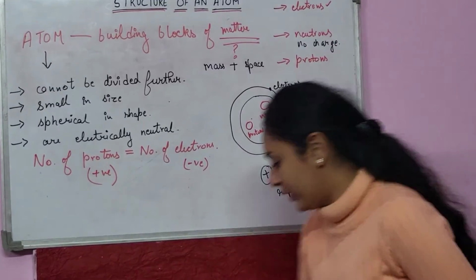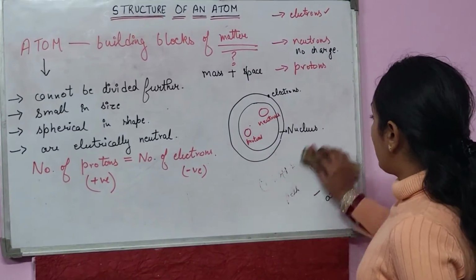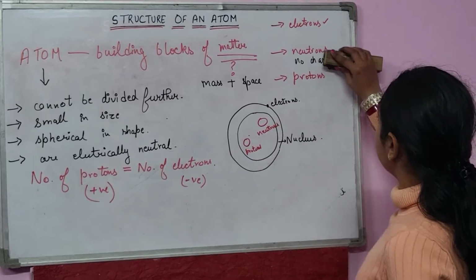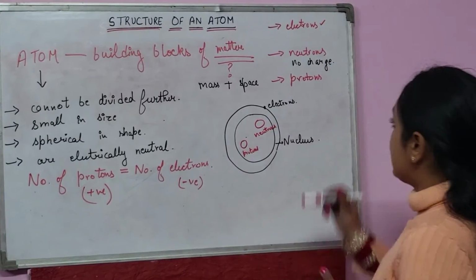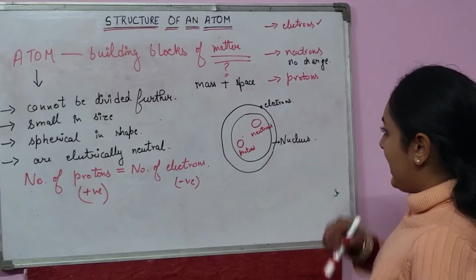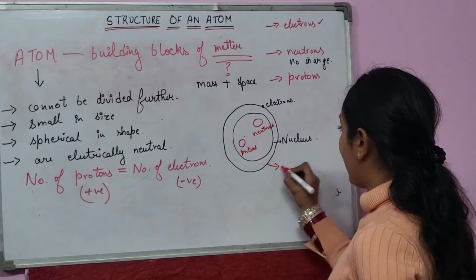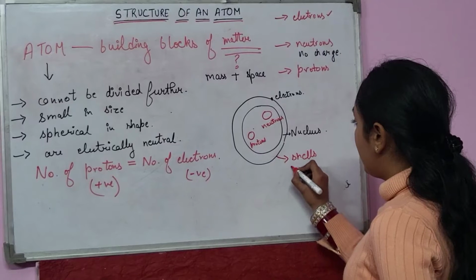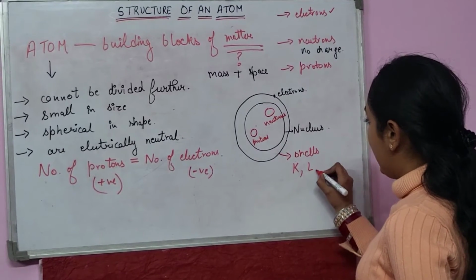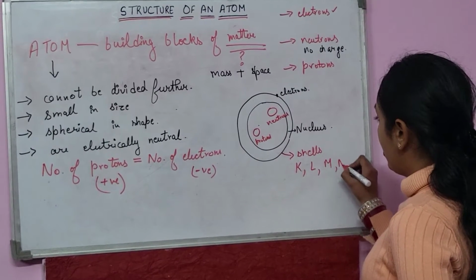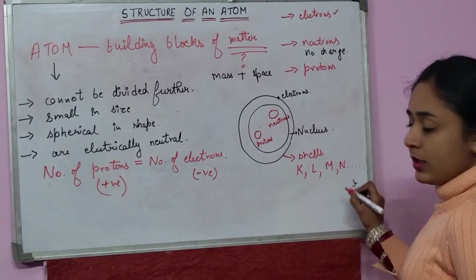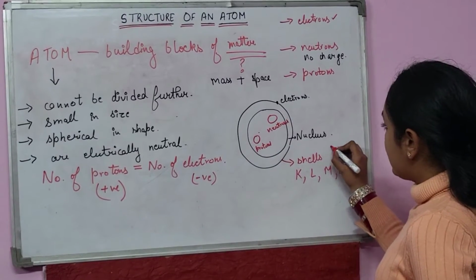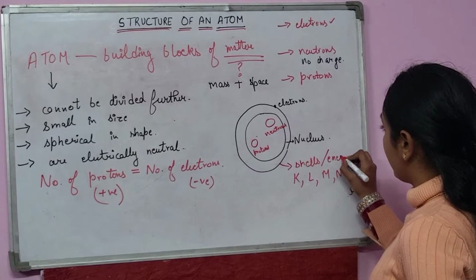Now we will move further to the shells. These electrons are present in these shells. These are known as shells. Here we will learn about 4 shells: K, L, M, N, though there are many more shells. Shells are also known as energy levels.